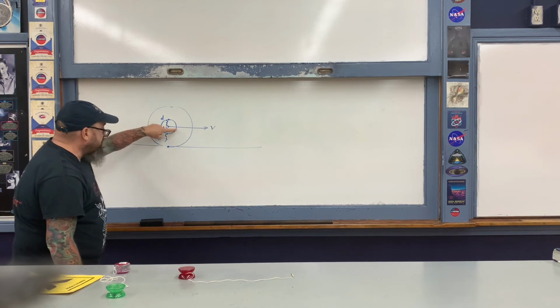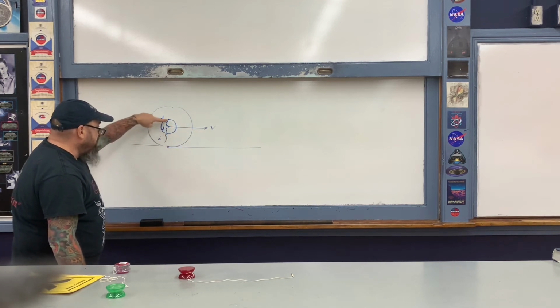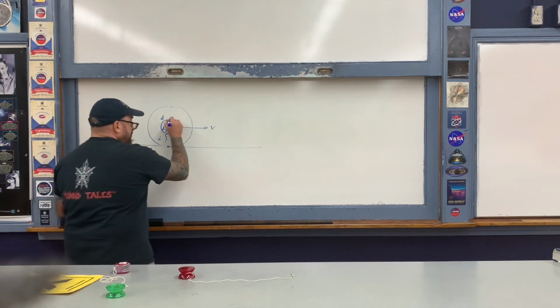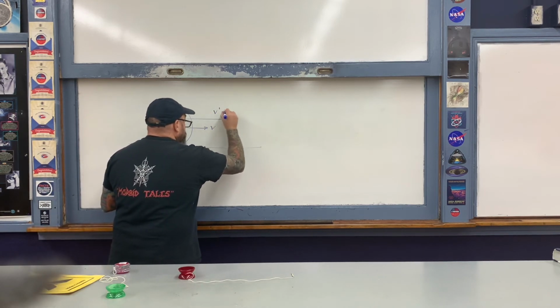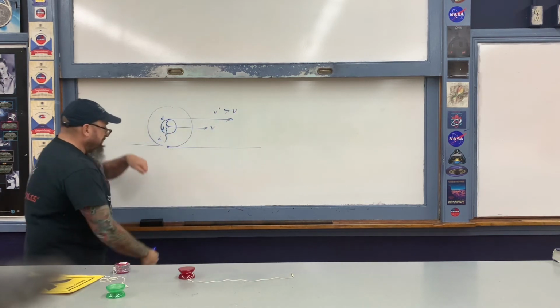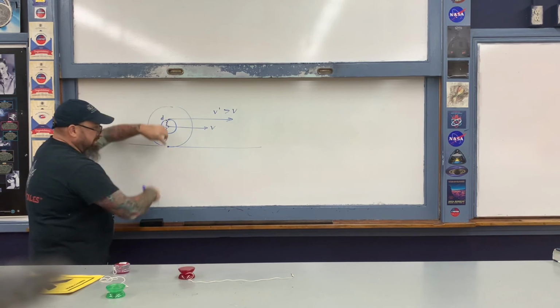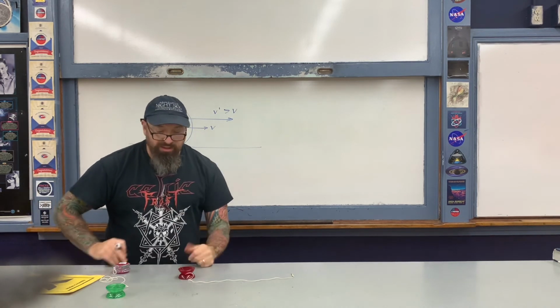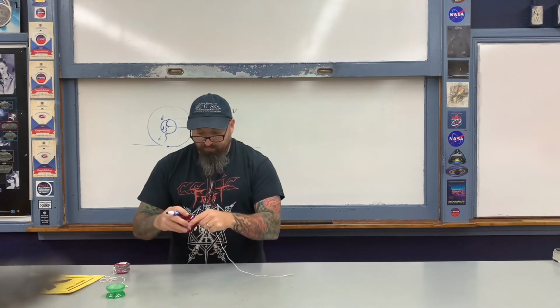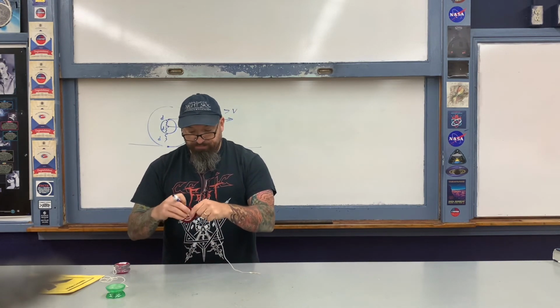So if I call this speed right here at the center V, then this speed here at the top, let's just call it V prime, for example, like so, is greater than the speed V. And the reason for that is because this distance here is greater than this distance here. So then therefore the string, as you can see, unfurls once again when I do say something like this.